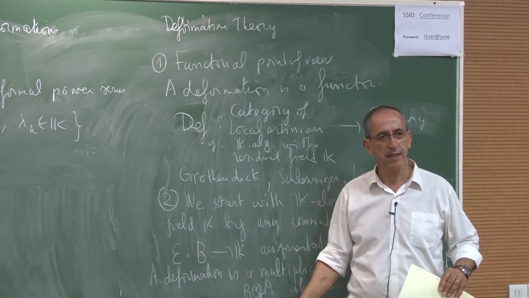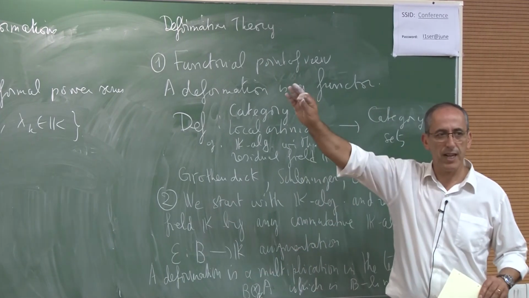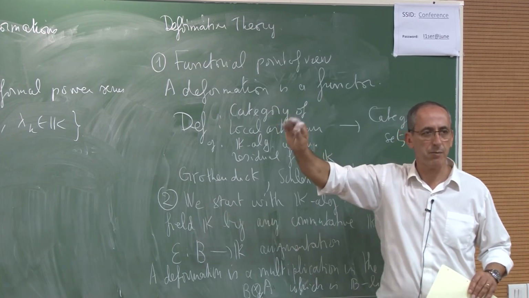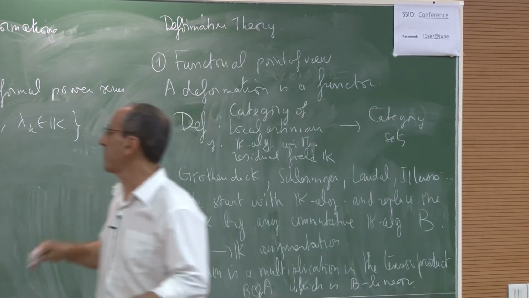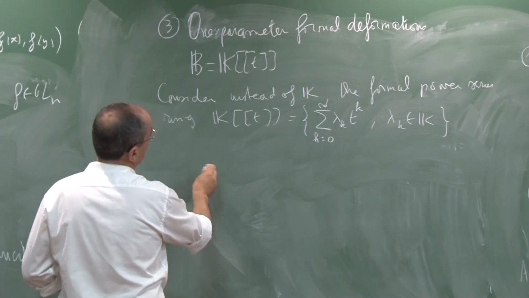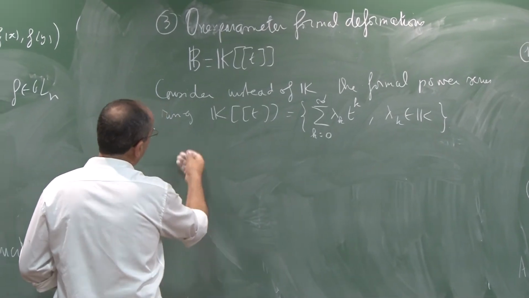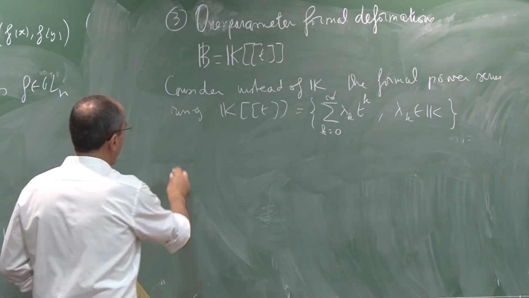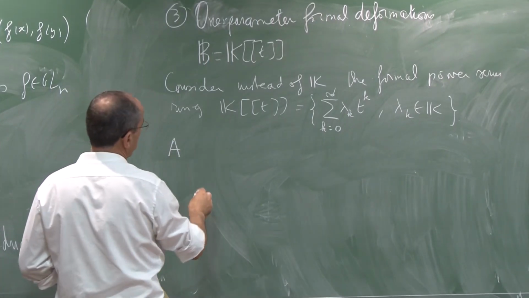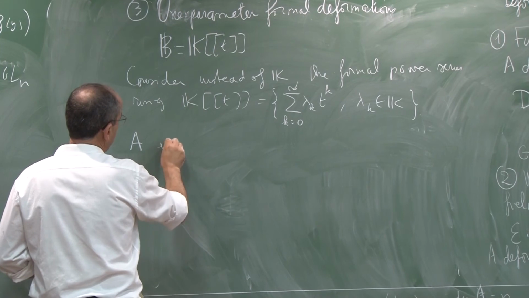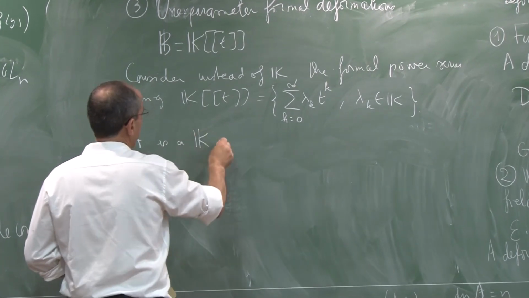Yes, our algebra is from the beginning a K-algebra, and this is the same field. And of course now we need to extend. We have our algebra A. A is a K vector space.